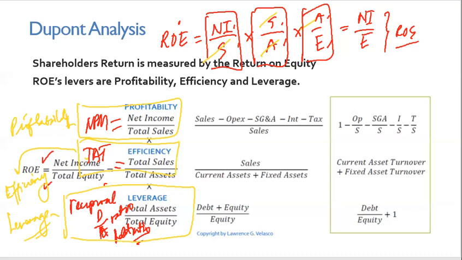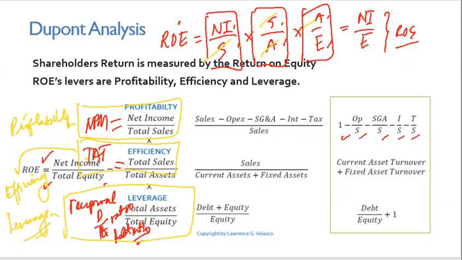use leverage. Okay? So if you want to further analyze that, yung net income is this. Diba? Net income is sales minus OPEX minus SG&A minus interest minus tax divided by sales. If you further compute that, then ito yung makukuha mo.